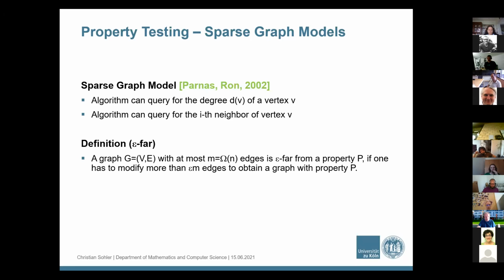And a graph is epsilon far from a property if one has to modify more than epsilon m edges to obtain a graph with property P. And here, one natural assumption is to assume that the number of edges is at least linear in the number of vertices.